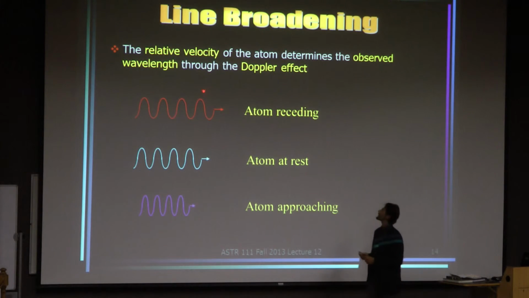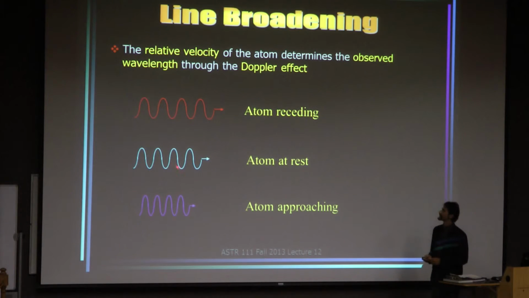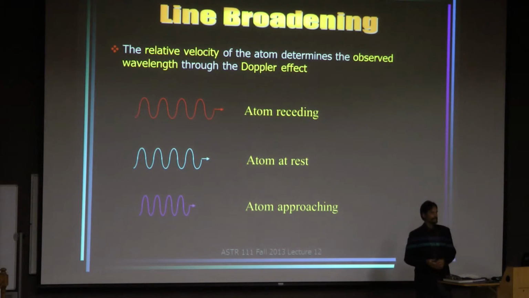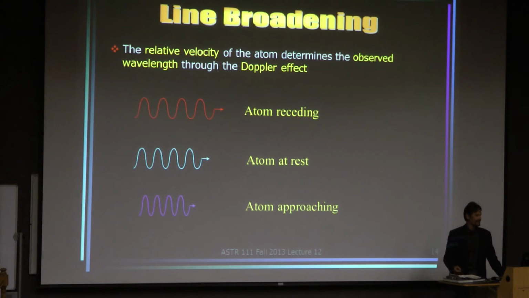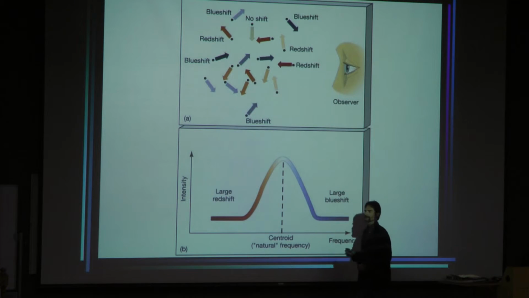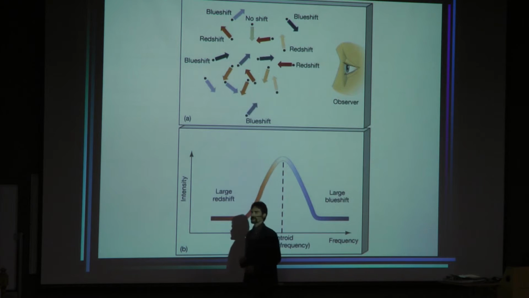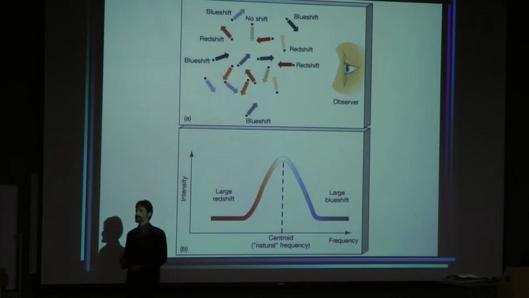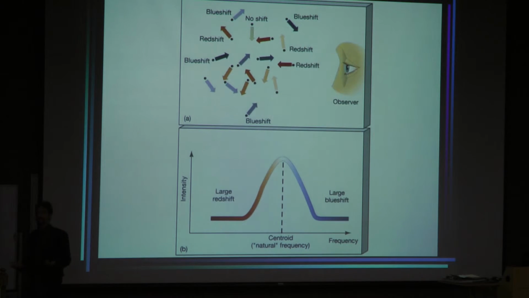If we have the atom at rest, we might see this blue wavelength here. If that particular atom is emitting but is receding away from us, we're going to see a redshift. If the same substance, the emitting atom, is moving towards us, we see the blue shift. So this is the Doppler effect. Now, as I said, this enters into the broadening of an emission or absorption line in two ways. So the first thing we're going to look at is the thermal effect.